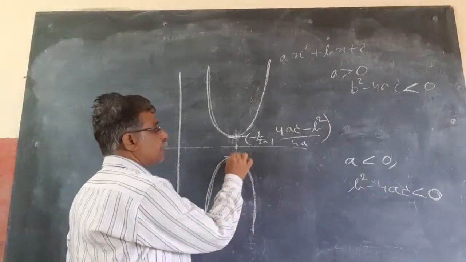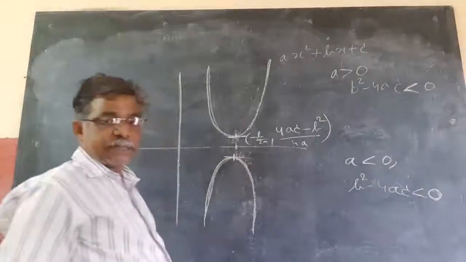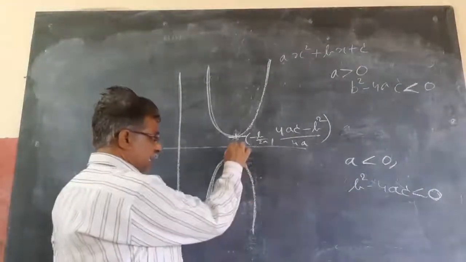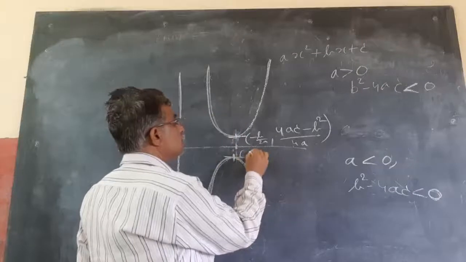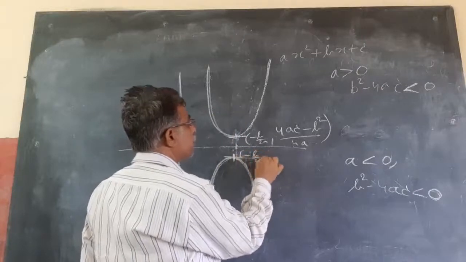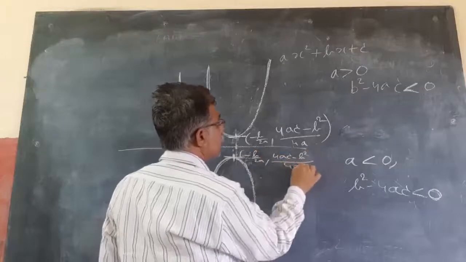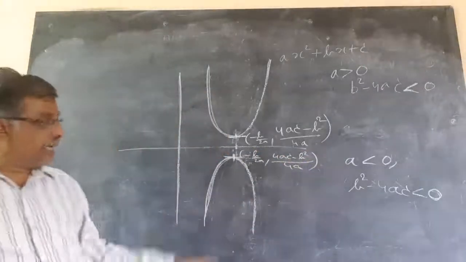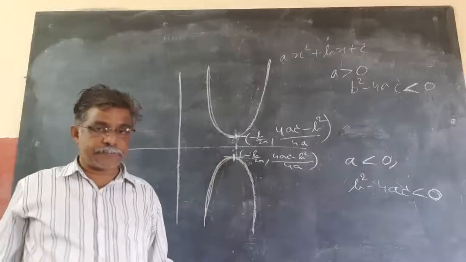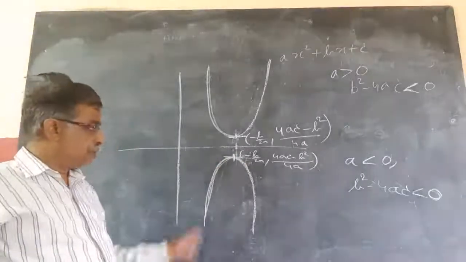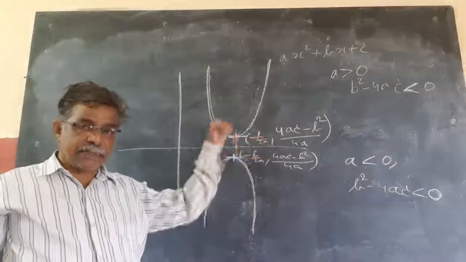The maximum value is 4ac minus b square by 4a, at x equal to minus b by 2a. So the same point here is minus b by 2a, comma 4ac minus b square by 4a. At this point, the graph is like this. You observe this is also not cutting the x-axis, it is below the x-axis.